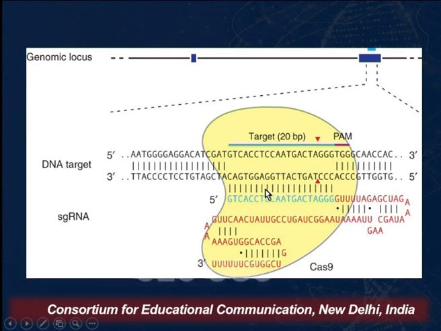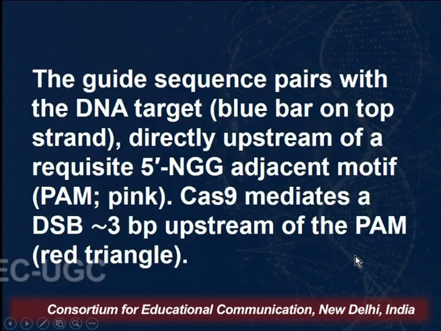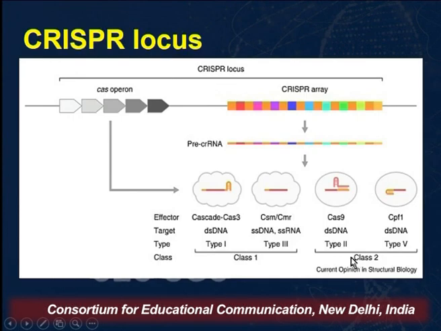So it will create a break, and this Cas9 is a nuclease, it is going to cut 3 base pairs upstream. So this red part is where it needs to make a cut and create a double stranded break, which can then be routinely repaired. That can happen. So this is what the CRISPR Cas9 basically looks like.